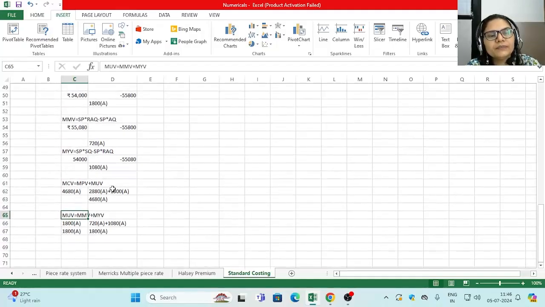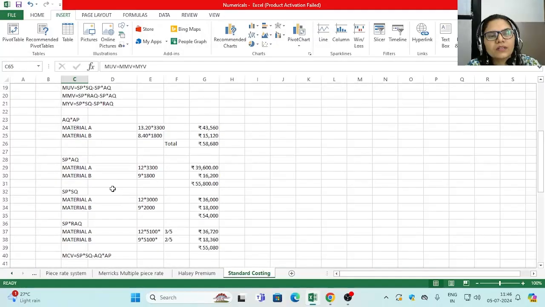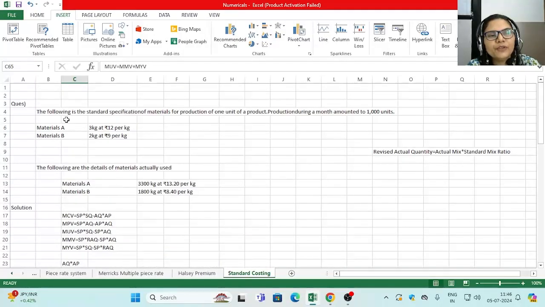Moving on further, let me brief you again this particular question so that if there is any confusion in your mind, that will be sorted out. The following is the standard specification of material for production of 1 unit of a product. Production during a month amounted to 1000 units.